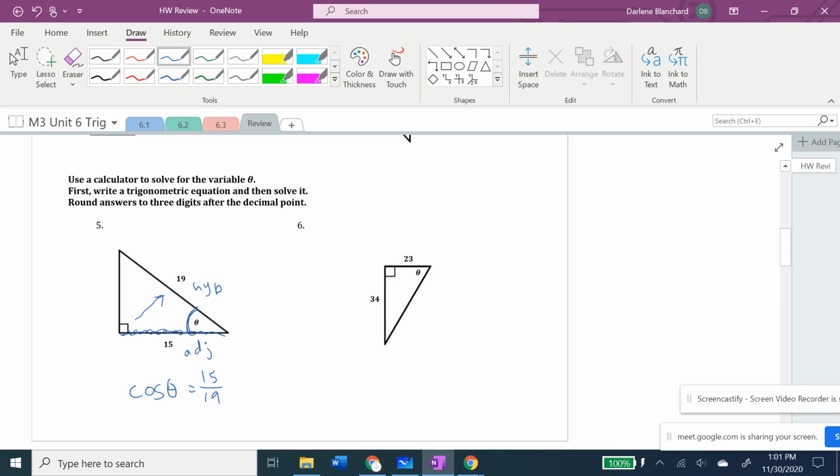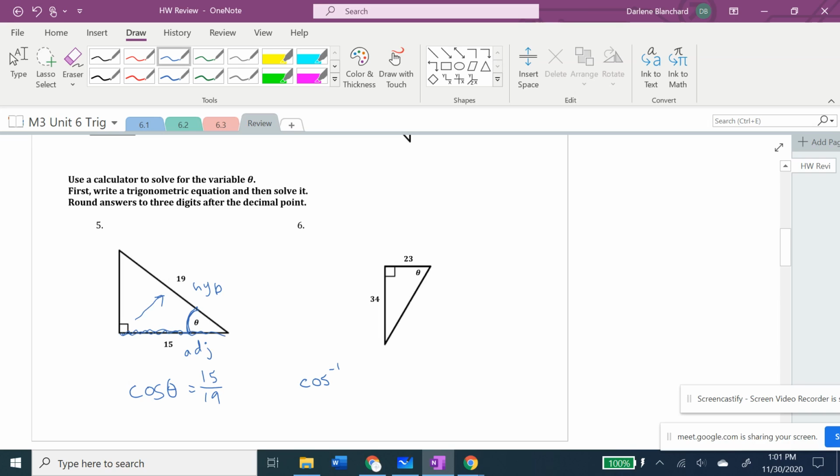Now, listen carefully. This right here that I just wrote does not mean reciprocal. It's very frustrating that somebody decided to use a -1 to mean inverse.